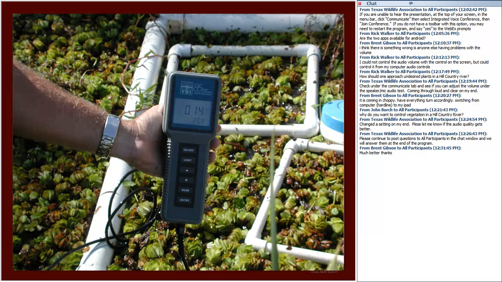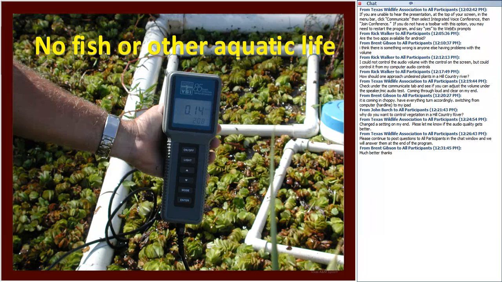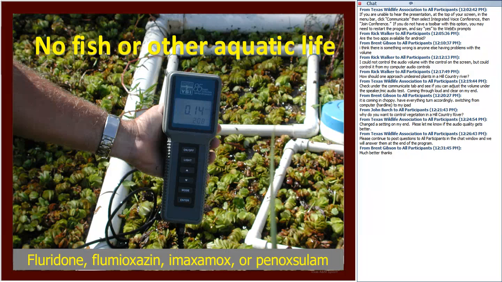Well, most fish in our ponds require a minimum of 4 parts per million oxygen in order to survive. So everything in this pond that requires oxygen was dead long ago. There's no fish or other aquatic life in here. And so that's part of the reason why this species is so problematic.